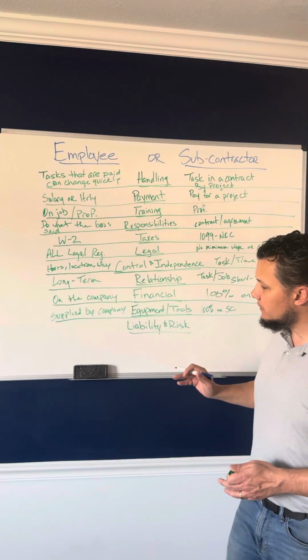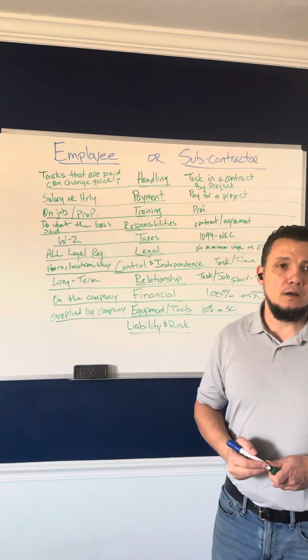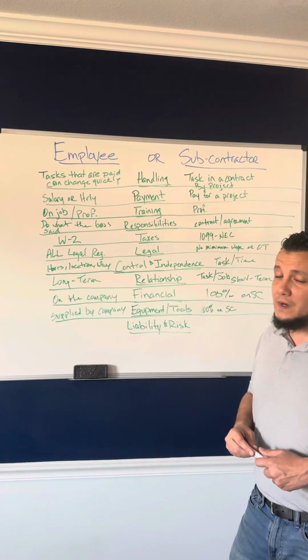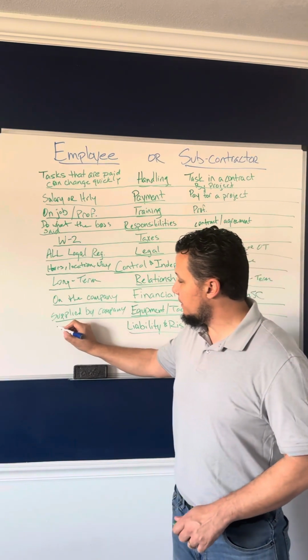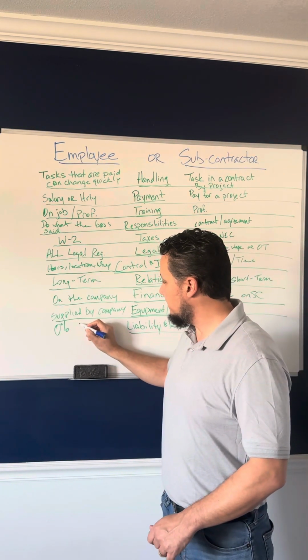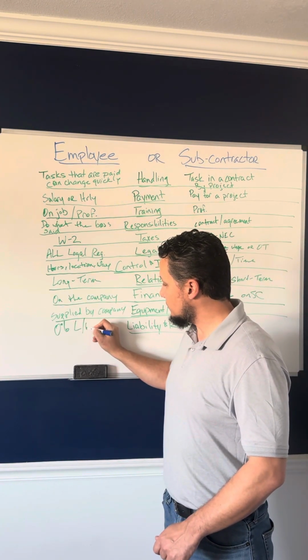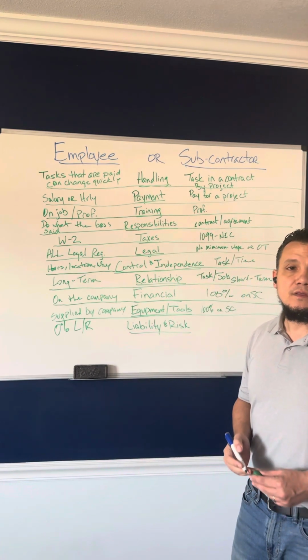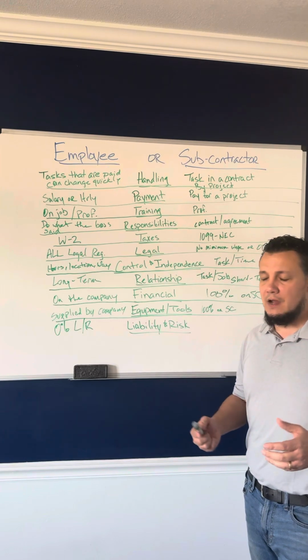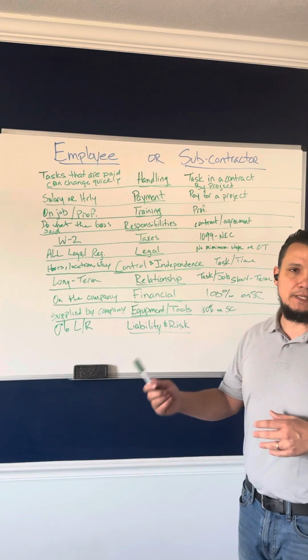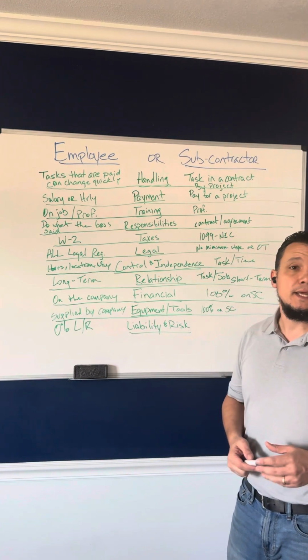Now this last one is a big one: liability and risk. An employee has zero liability or risk for the company to make money, to be profitable, to look at the P&L, the profit and loss statements.